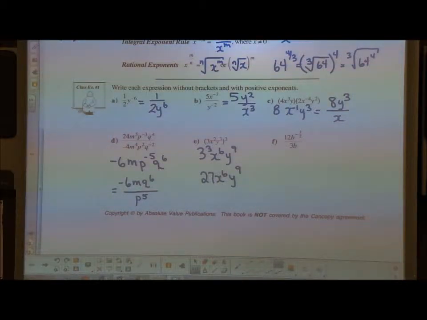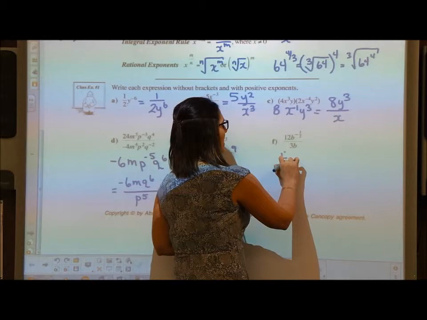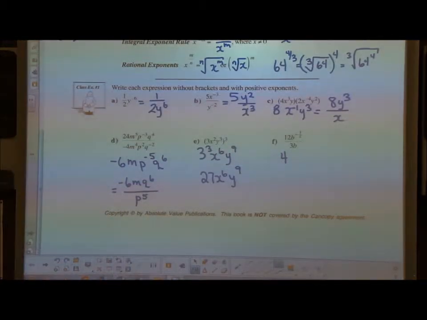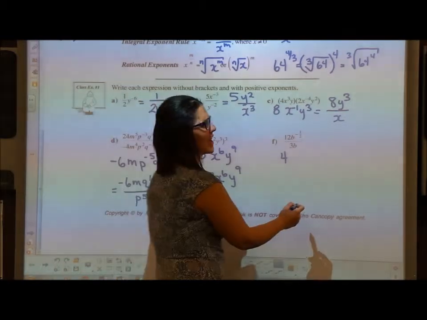12 divided by 3, 4. And then b to the negative 2 divided by b. So if I subtract the exponents, negative 1 minus 1, negative 2. Oh, sorry, not negative 1 minus 1.